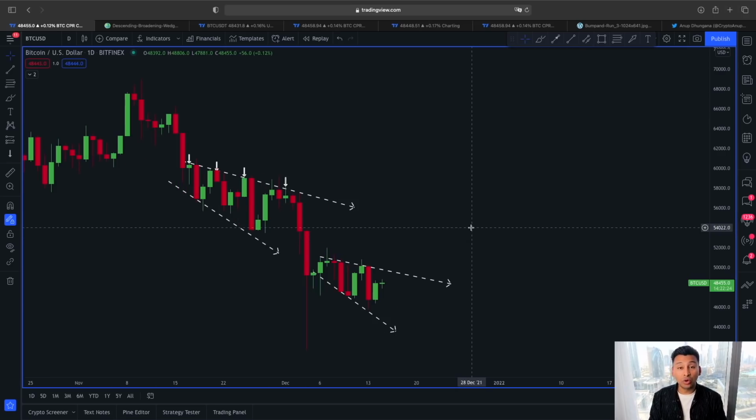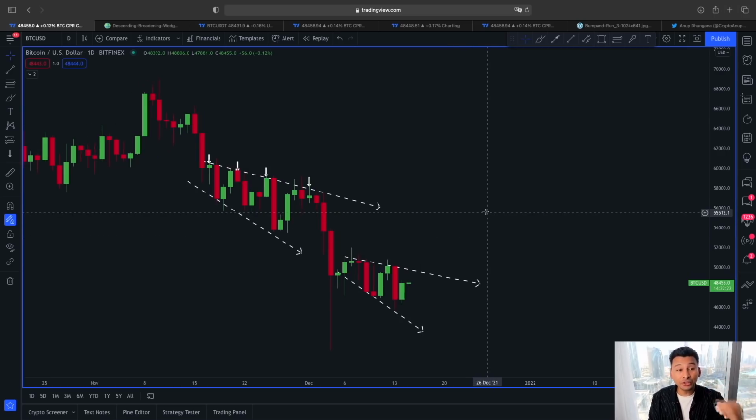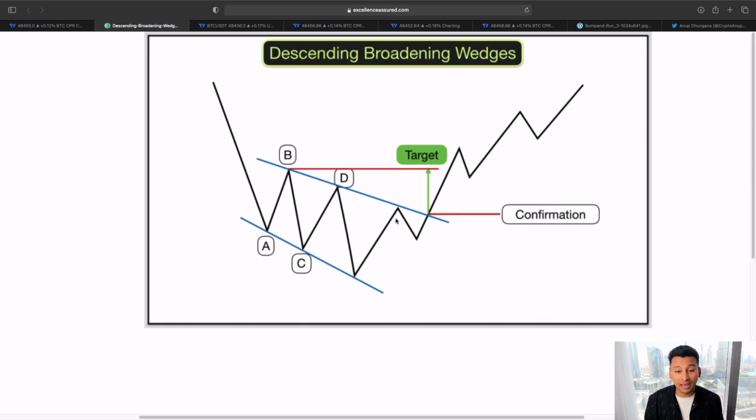So that's why I made it very clear in my yesterday's video. If the price of Bitcoin wants to show any sort of actual movement here to the upside, then the upper line resistance must be flipped into support, because according to the descending broadening wedge example, as you can see, once the price is able to break the resistance and flip it into support, we start a new trend here to the upper direction.